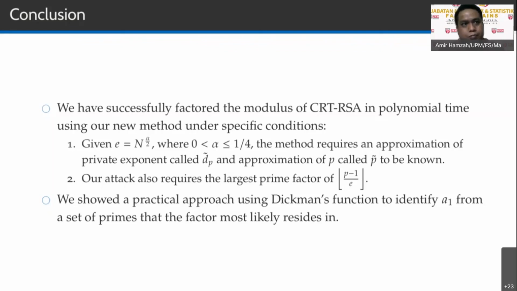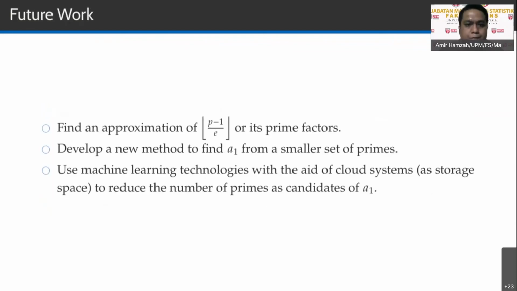It can be constituted of several primes. So this work wants to make us rethink the approach. That's why I said in future work we should have some approximation of this value, and find a new method to find A1 from a smaller set of primes. Maybe we can use machine learning technologies with the aid of the clock system to reduce the number of primes as candidates of A1.